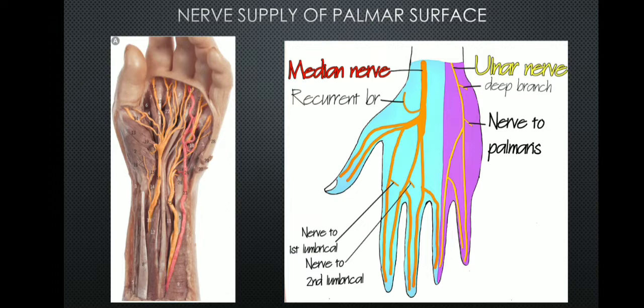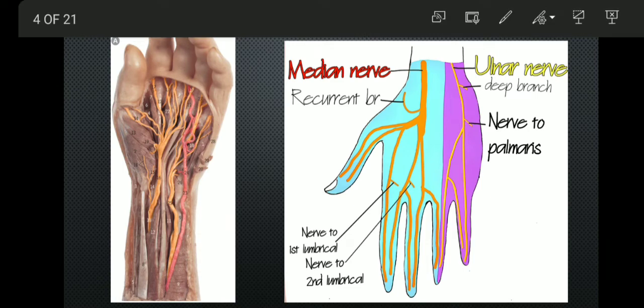So basically, along the palmar aspect, the median nerve supplies the lateral 3.5 digits with their nail beds and the 5 muscles, namely the abductor pollicis brevis, the flexor pollicis brevis, the first and second lumbricals, and the opponens pollicis muscle.